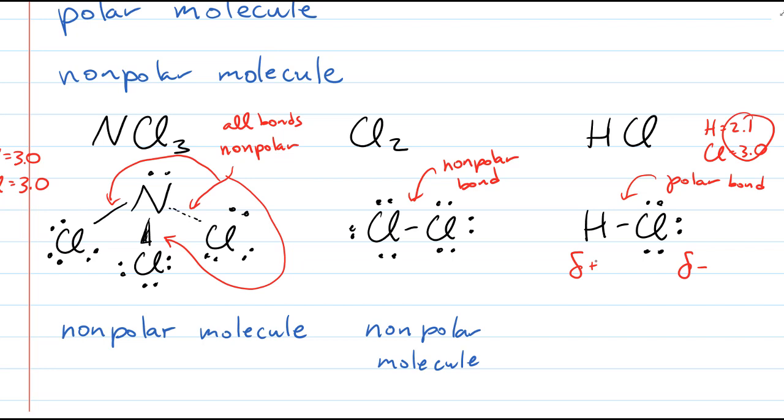So the difference there becomes 1.4, and that's a very large difference in electronegativities. And when you have a very large difference in electronegativities and hydrogen's involved, we have something called hydrogen bonding that takes place. The hydrogen bond is not a chemical bond, but it's an attraction between molecules in which hydrogen is bonded to either nitrogen, oxygen, or fluorine.